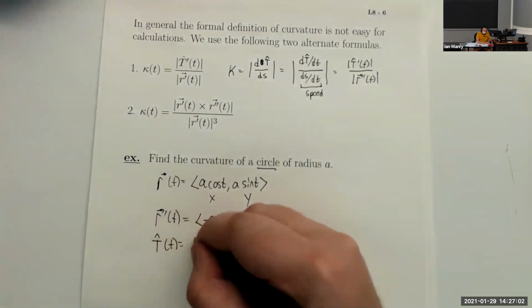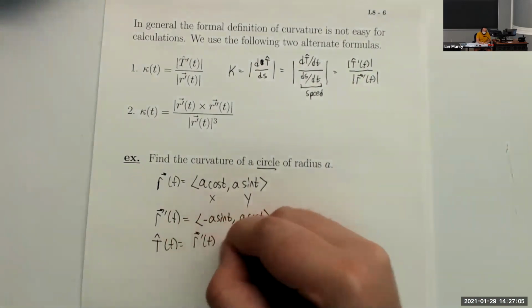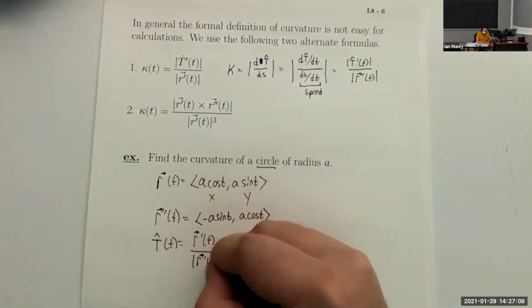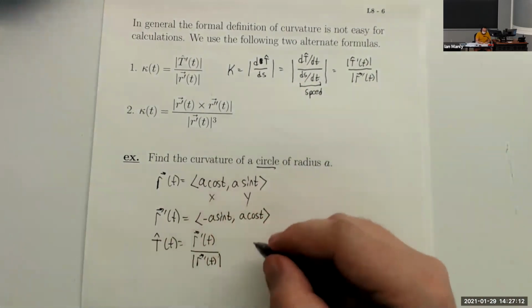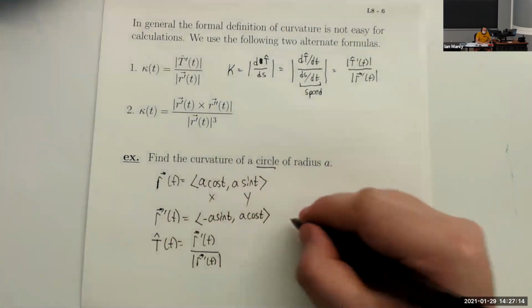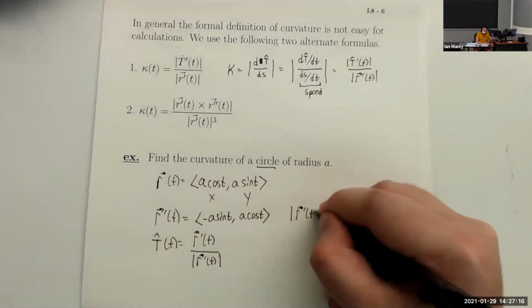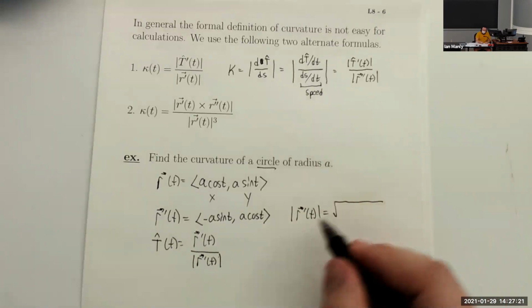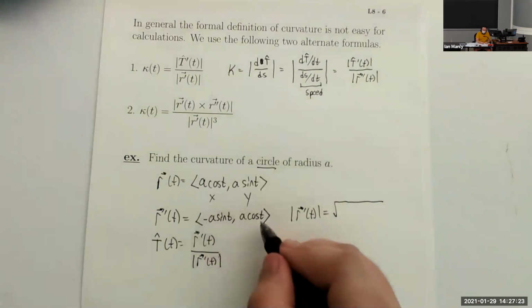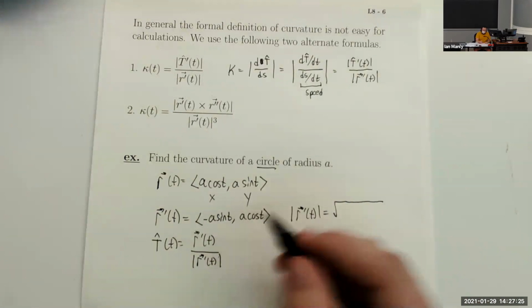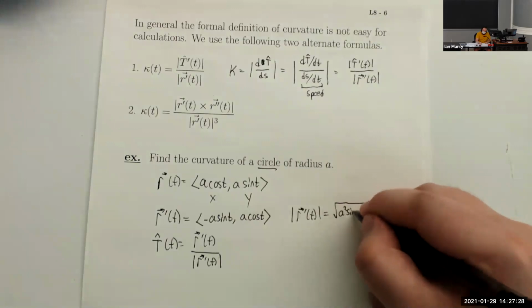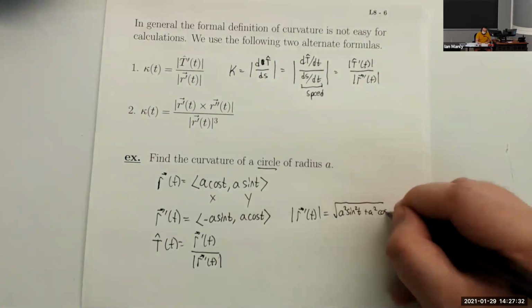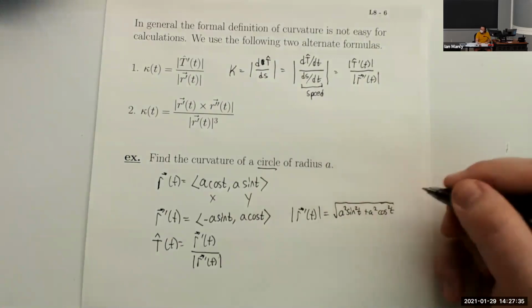All right, now what we need to find is the unit tangent vector. And remember, the definition for that is our r prime divided by its own magnitude. So we just need to figure out what the magnitude of r prime is going to be. Remember, the way we figured that out is we square each of the components and add them together. So I have a squared sine squared plus a squared cosine squared.